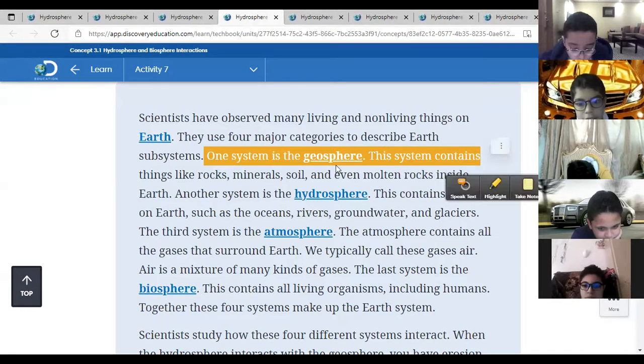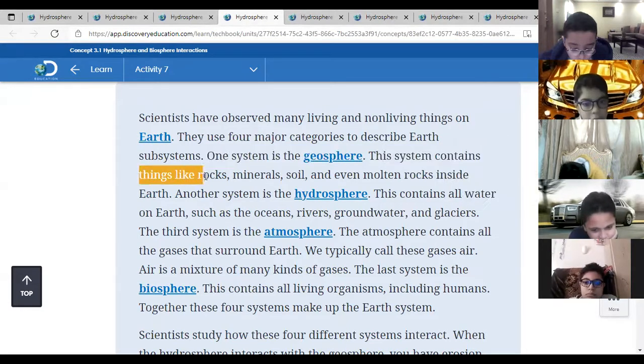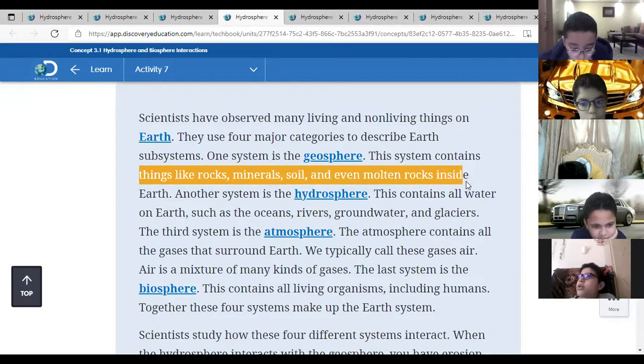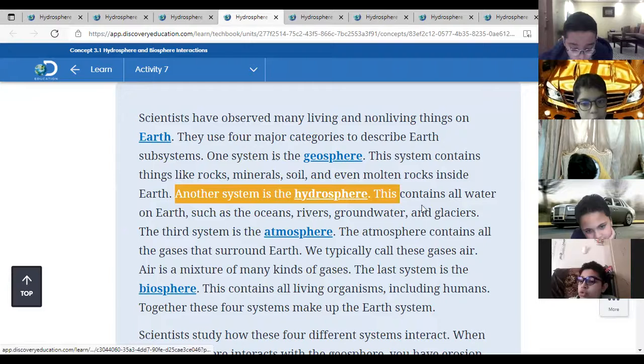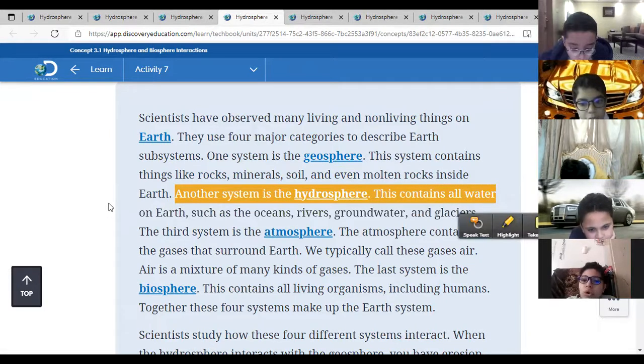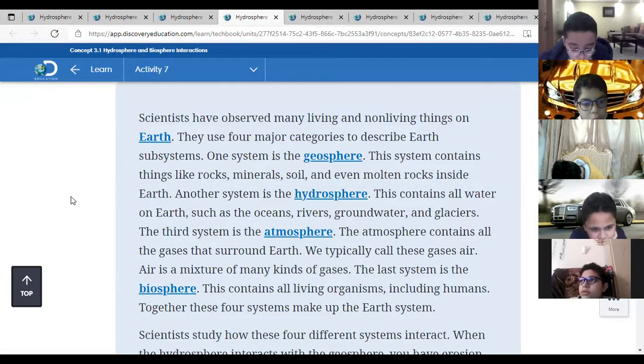Geosphere. Yes. This system contains things like rock, minerals, soil, and even molten rocks inside Earth. Another system is the hydrosphere. They contains all water on Earth, such as the oceans, river, groundwater, and glaciers.